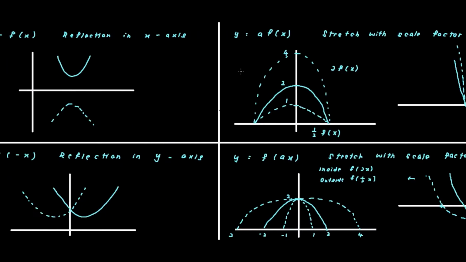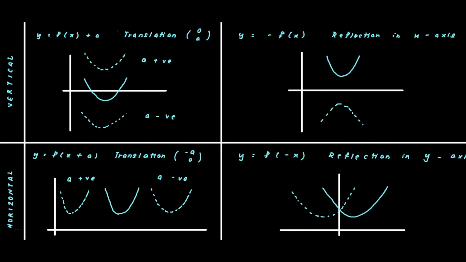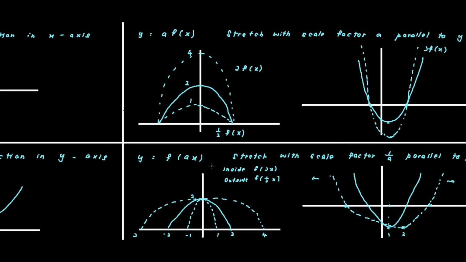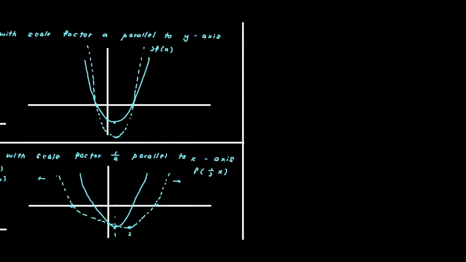For stretches, it's a times f(x). On the other hand, for horizontal ones, the changes are always made on the x variable. So a horizontal translation will be f(x + a). Reflection will be f(-x). And for the stretching part, it's f(ax). So this is something that might be helpful for you to memorize the transformations.